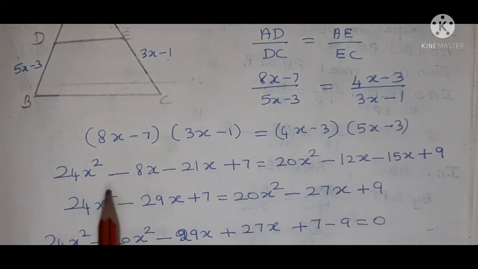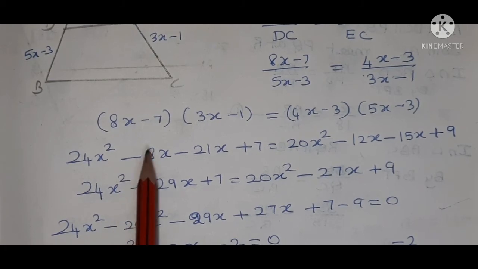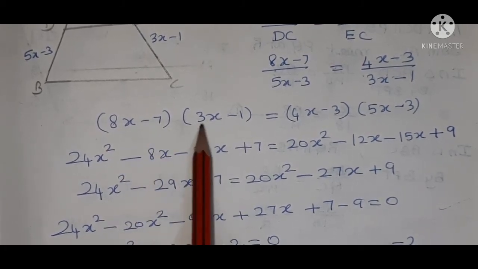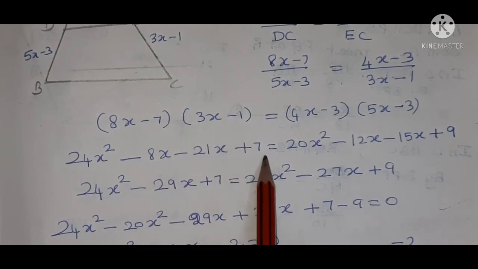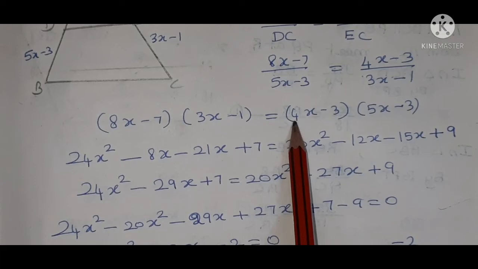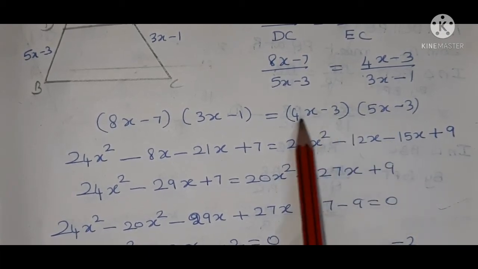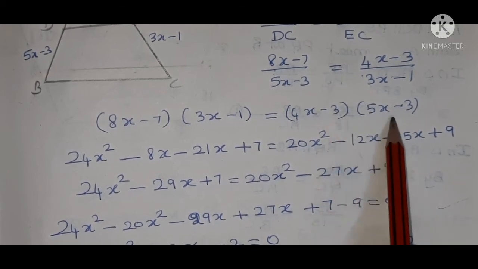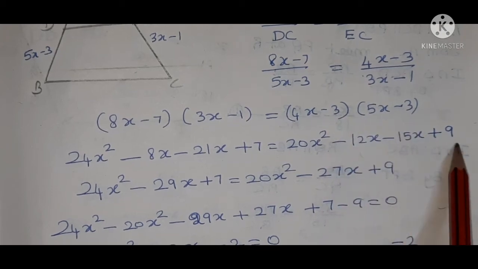8x into 3x, 24x square. 8x into minus 1, minus 8x; minus 7 into 3x, minus 21x; minus 7 into minus 1, plus 7. This is equal to 4x into 5x, 20x square; 4x into minus 3, minus 12x; minus 3 into 5x, minus 15x; minus 3 into minus 3, plus 9.